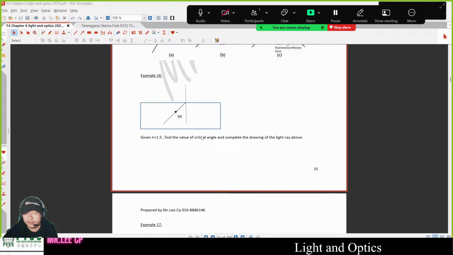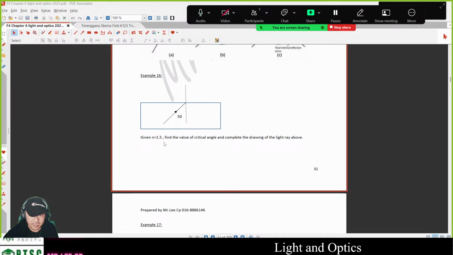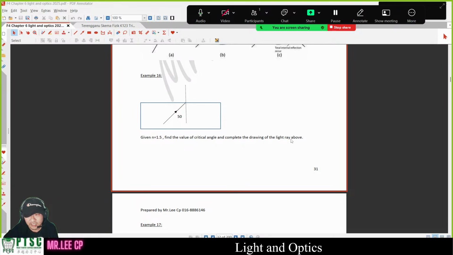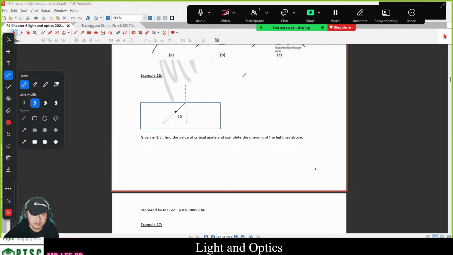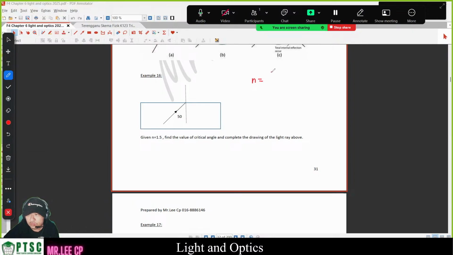Alright. So now, given n is equal to 1.5, find the value of the critical angle and complete the drawing of the light ray above. How to do this kind of question? n is equal to 1 over sine c.